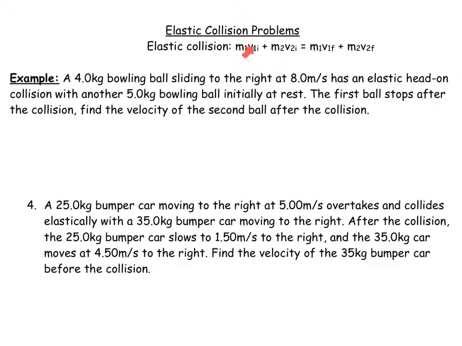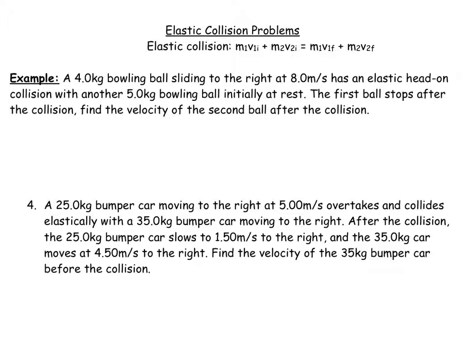Now, the total momentum should stay constant because momentum is conserved. So the total momentum that you can find before the collision will equal the total momentum after the collision. Now, if you like using the equation, then by all means do the equation. I'm just going to show you a different method, and it involves using boxes to help you visualize a little bit better.